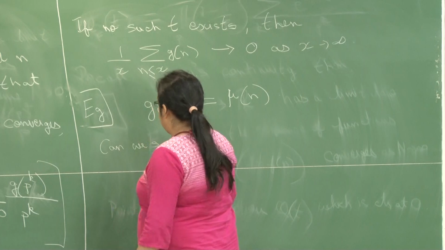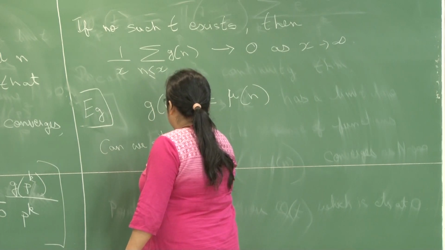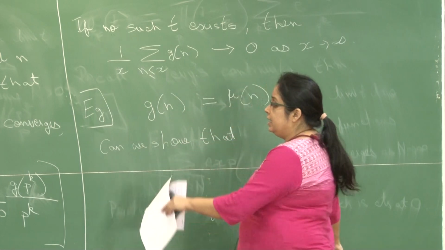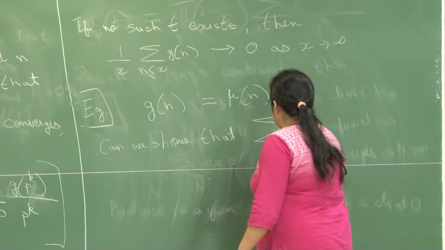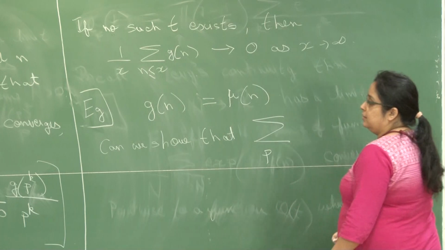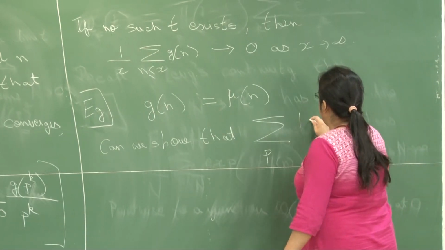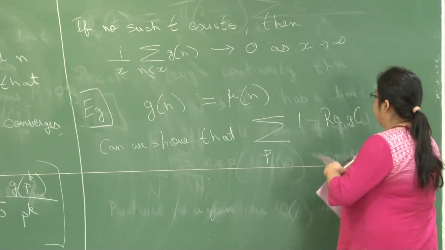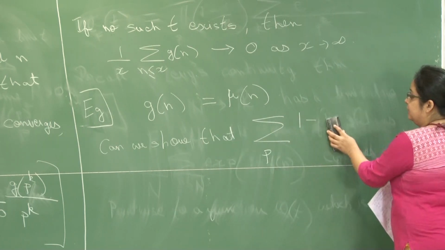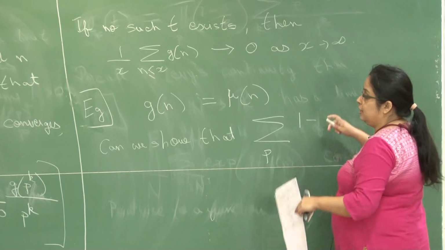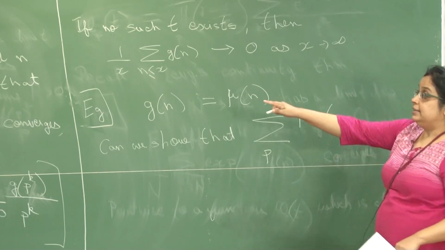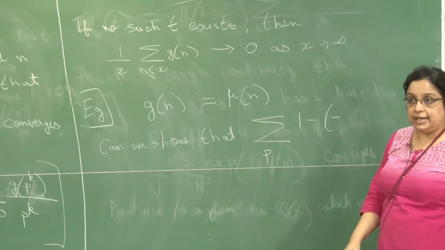that this sum, 1 minus real part of g of p, which is just g of p itself, so that is 1 minus (-1) times p raised to the minus it.